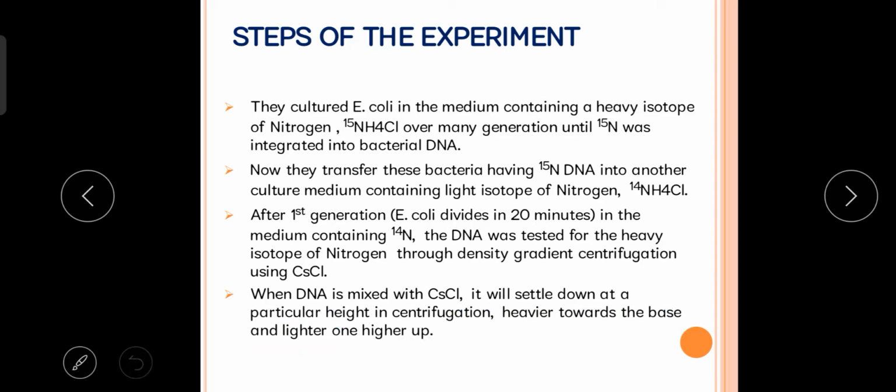That means simply, when the labeled DNA molecule is mixed with the cesium chloride, which is the heavy salt, then it means the DNA which is labeled by the radioisotope will settle down at a particular height in centrifugation. That means after centrifugation in that container, this DNA will settle down at a particular height. Okay, the heavier one towards the base and lighter one higher up.